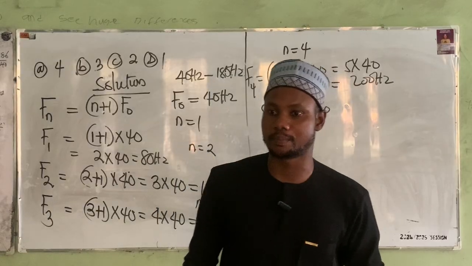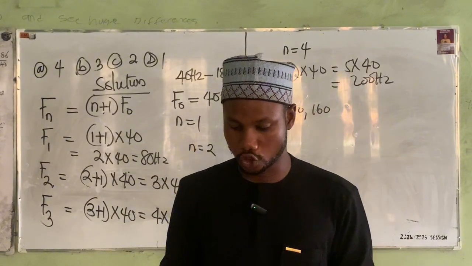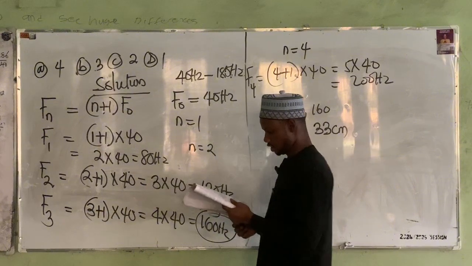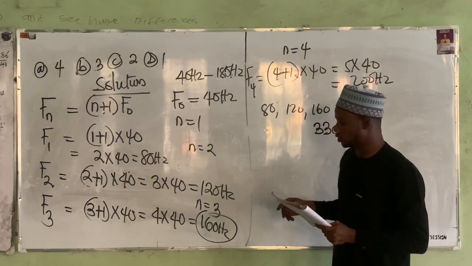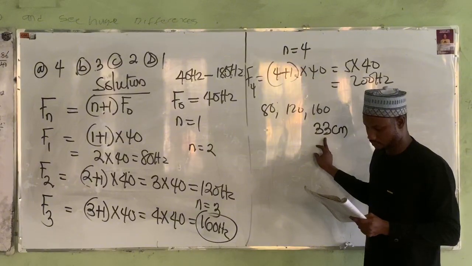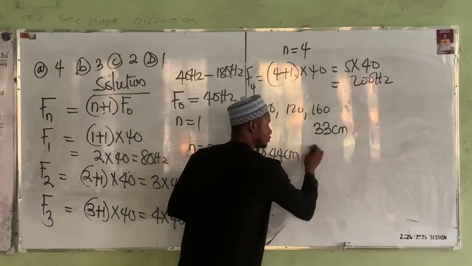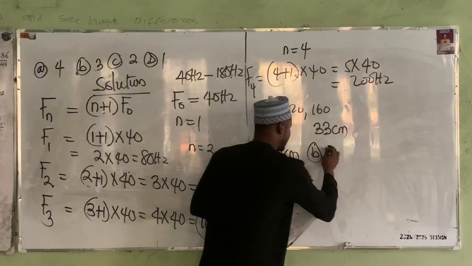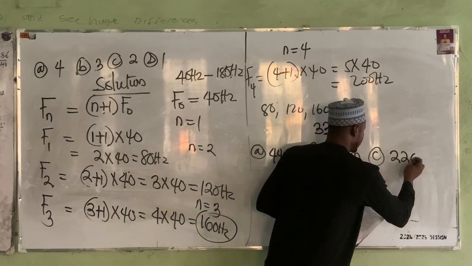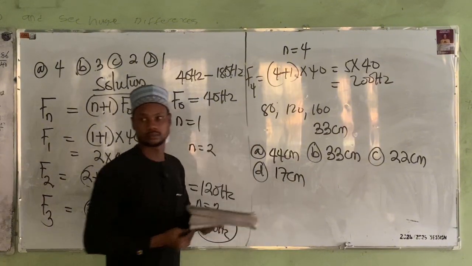The wavelength of the first overtone of a note in a closed pipe of length 33 cm is: A, 44 cm; B, 33 cm; C, 22 cm; D, 17 cm.